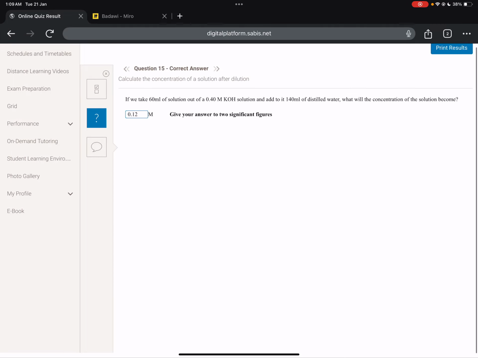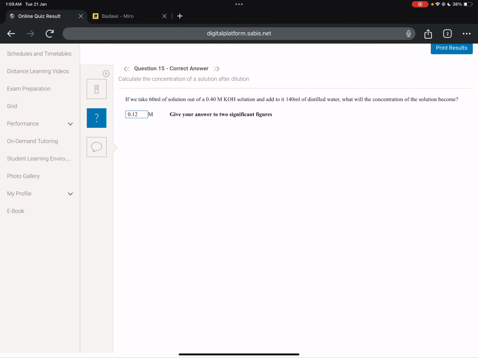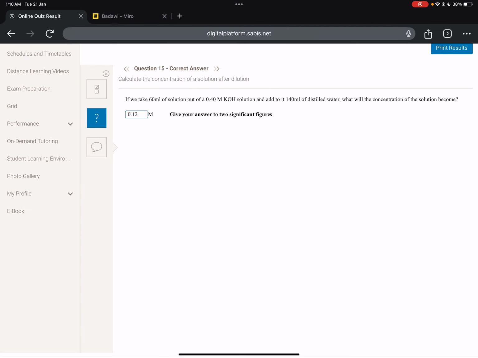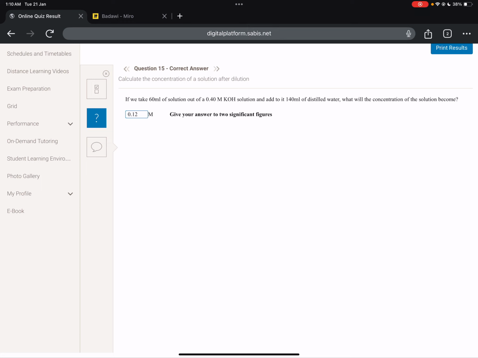Okay, so whenever you have such a question, volume and concentration, directly write on your scratch paper C1V1 equals C2V2. However, here you're going to have to read the question properly. If we take 60 milliliters, so my volume is 60, out of a 0.4, so my concentration is 0.4, and added to 140 milliliters of distilled water.